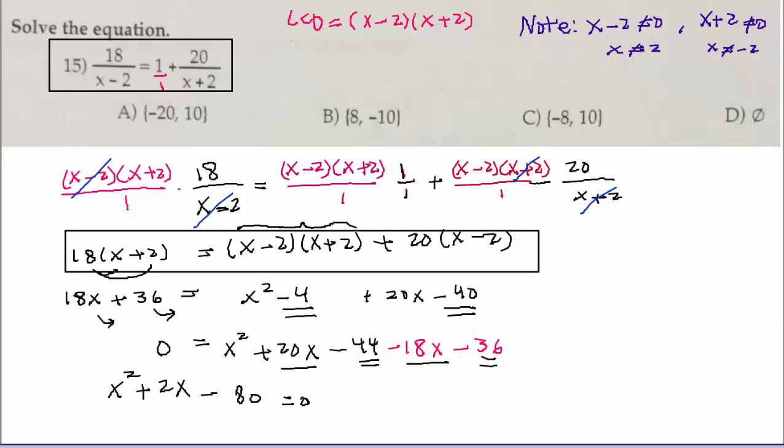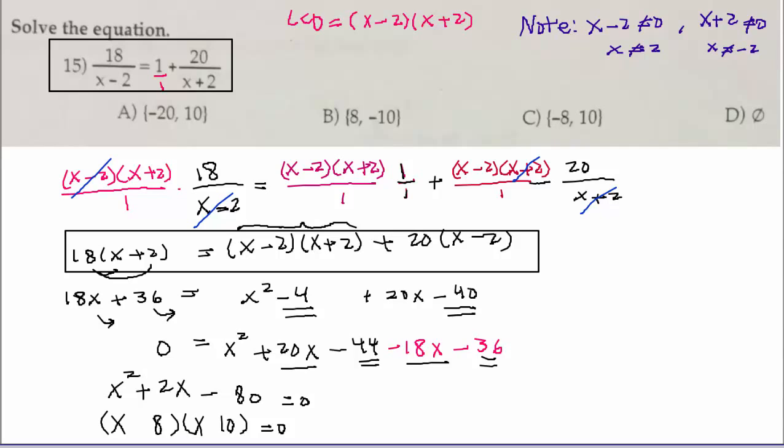Somebody tell me, what are you going to select here? 10 and 8? If I use 8 and 10, the product would be 80. And if I subtract, I get 2, right?